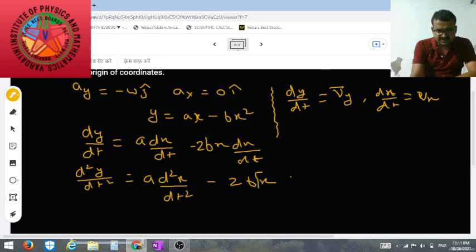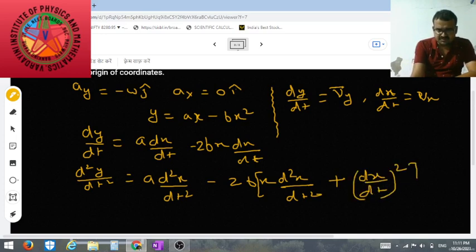Now you can see I have to use the product rule. So that is 2b in the bracket x d squared x upon dt squared plus, one time this will be differentiated, and we will have dx upon dt whole squared.